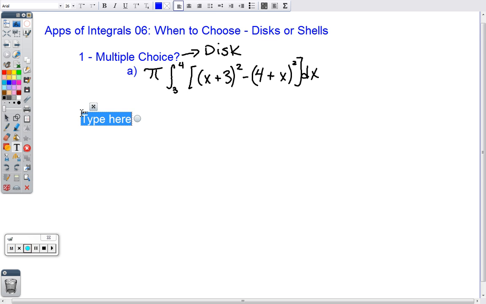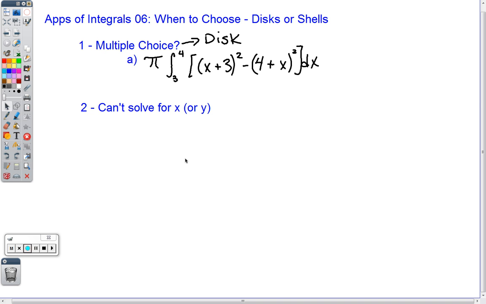Reason number 2 to choose one axis over another: if I can't solve for x or y. Okay. There's a very good chance that you have a problem and it's set up so that you can't solve for one variable or another.